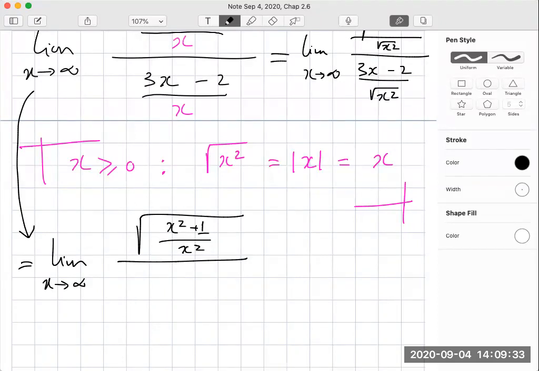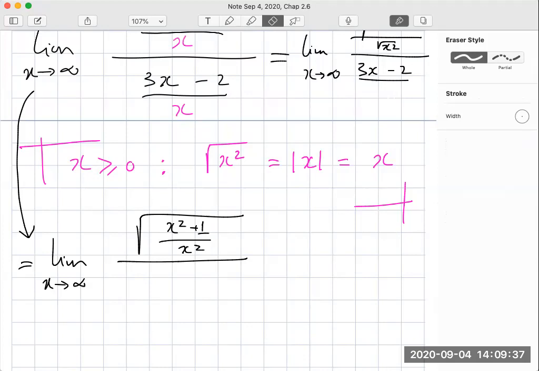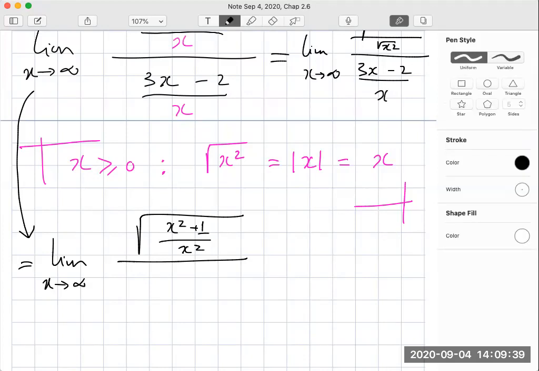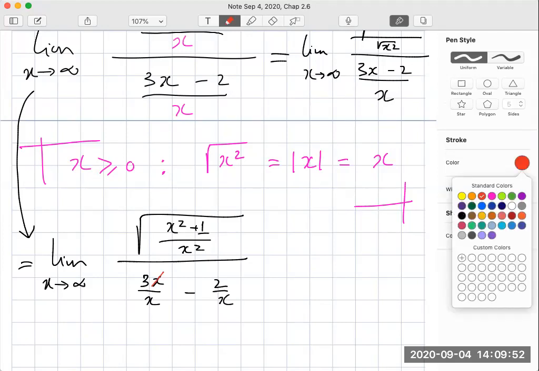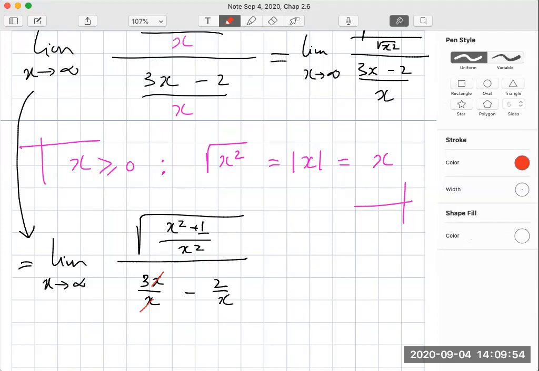For the denominator, we don't have to write it with the square root sign. It makes things more complicated, right? With this guy, we can simply write 3x over x minus 2 over x. And we see that this x cancels with this one, so this will be just 3.